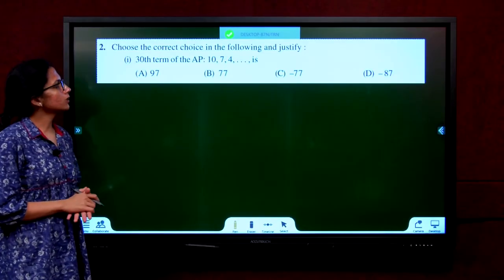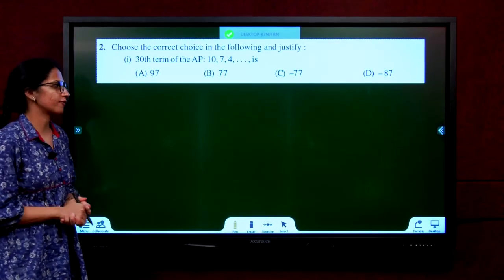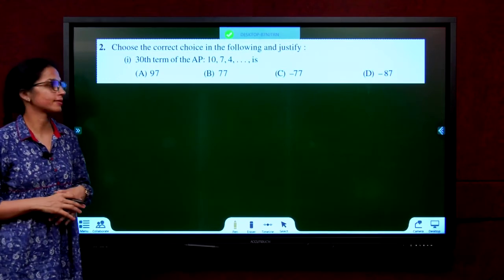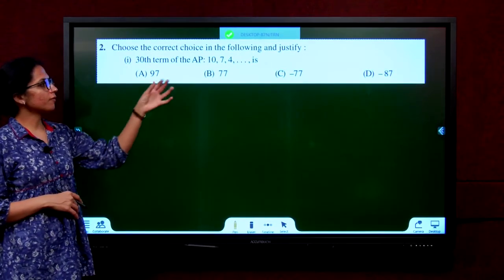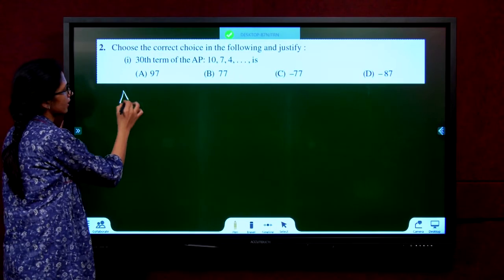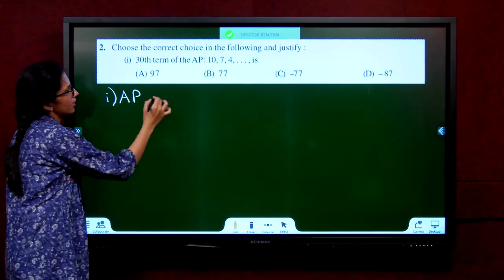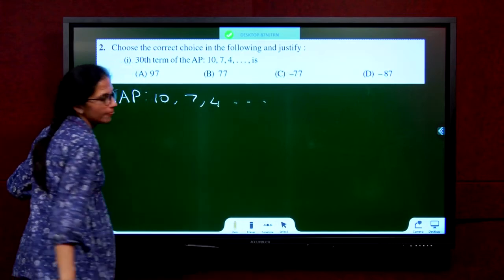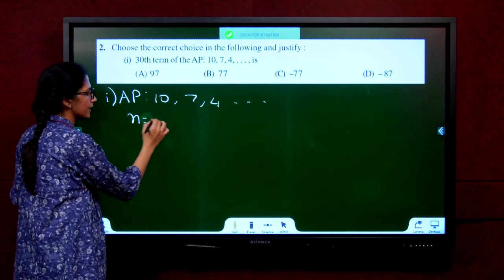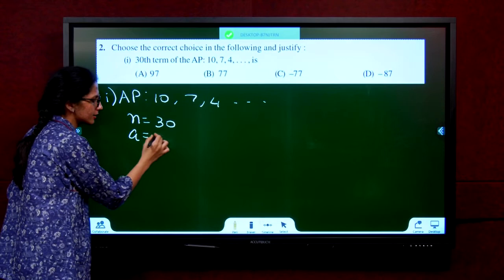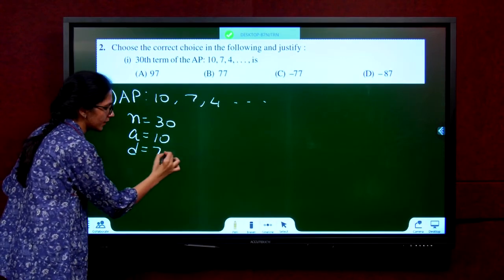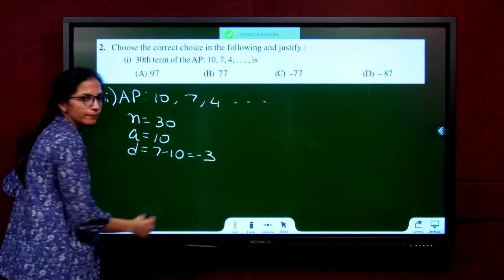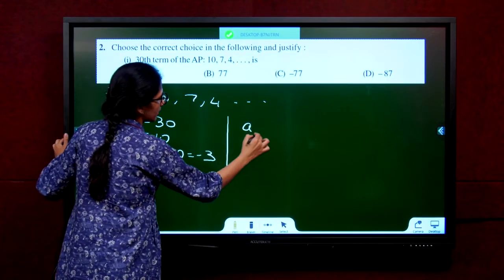Second one, choose the correct choice in the following and justify. Justify means you just do your mathematical steps. 30th term of the AP is, so they have given the AP 10, 7, 4 and so on. 30th term of the AP, N is 30, A is 10, D is 7 minus 10, minus 3. 30th term, A30.